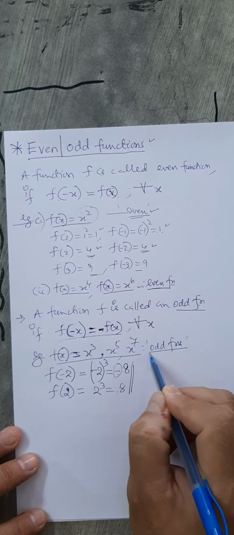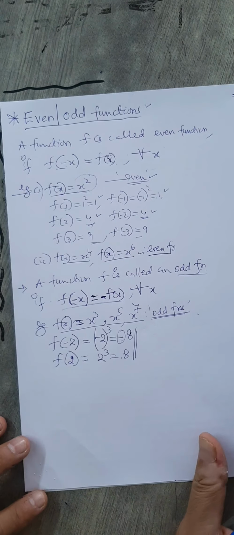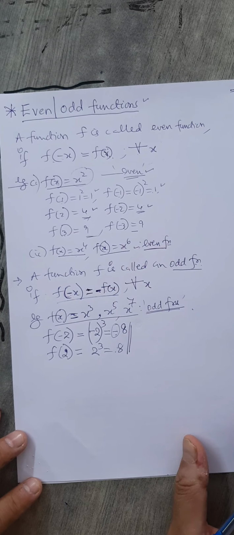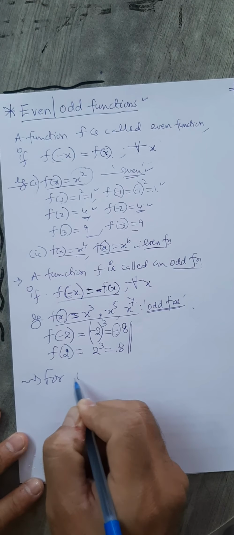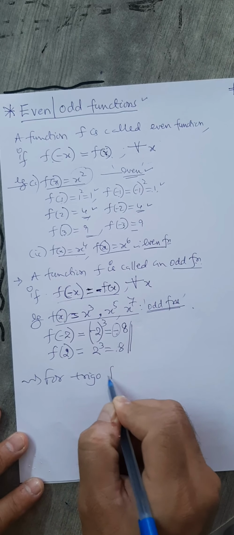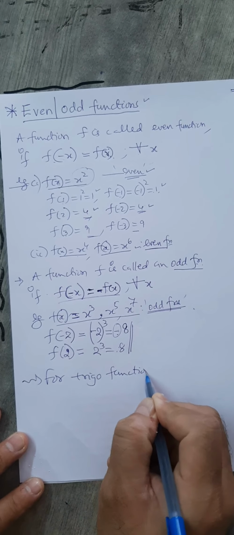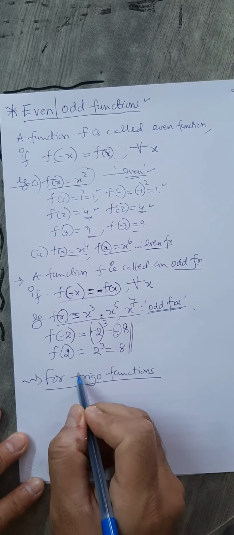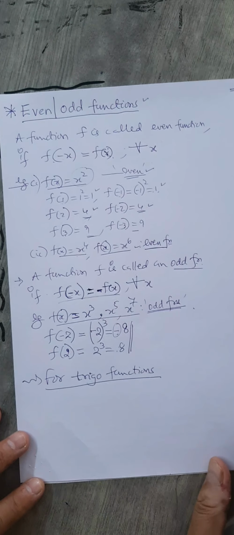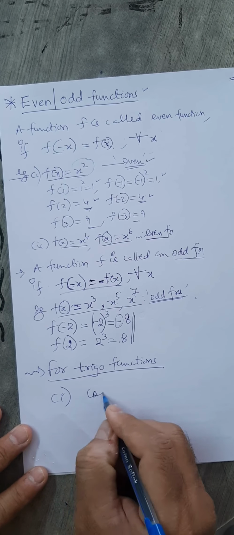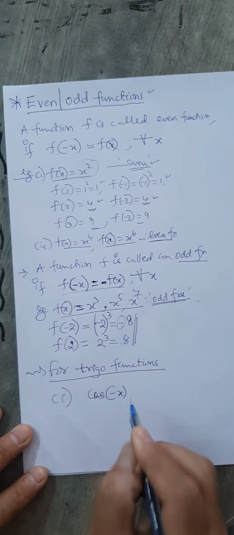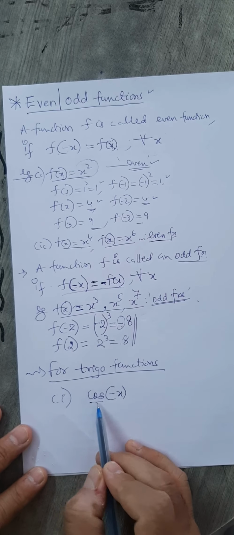Our interest is mainly for trigonometric functions. So for trigo functions, without proof I'm writing, later on you will realize as you move further. First one, for cos function, if I write minus of angle, see this is like f here, remember.